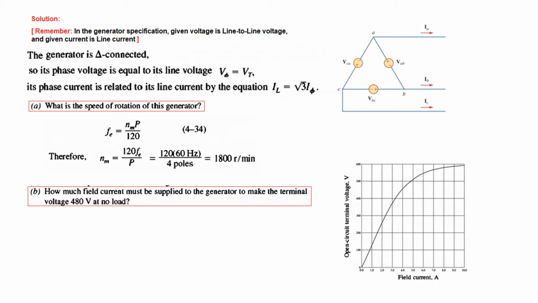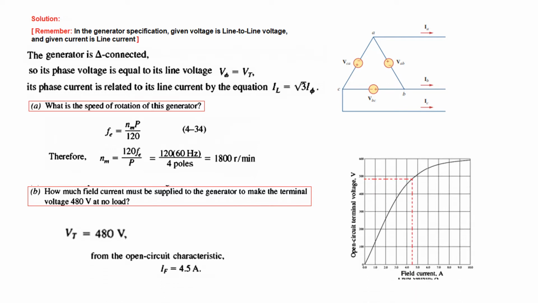For that, we look into the voltage side, let's say 480, then we find the current required for the field to generate it. From here, for 480 volt, we get a current of 4.5 ampere. So field current has to be 4.5 ampere to get this terminal voltage.